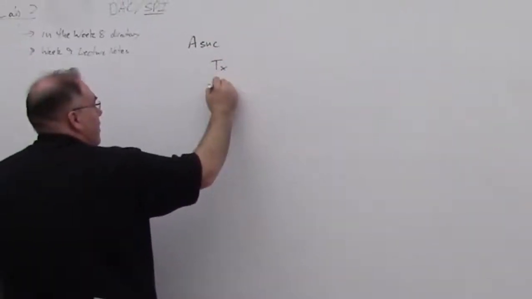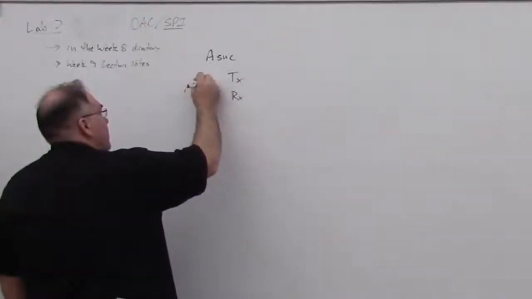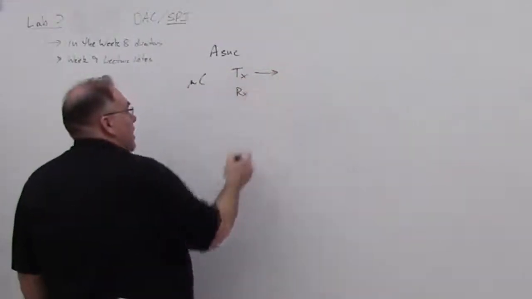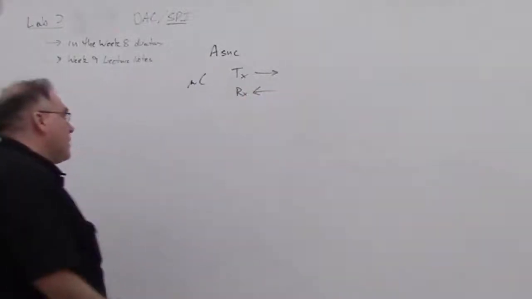We have the TX and RX. And so if this is your microcontroller, you have data that comes out on the TX line and it's received on the RX line.